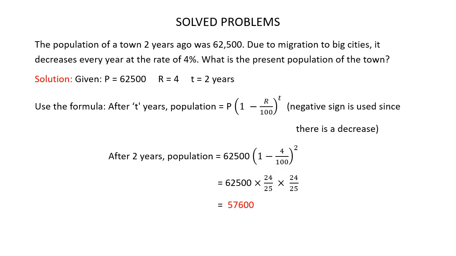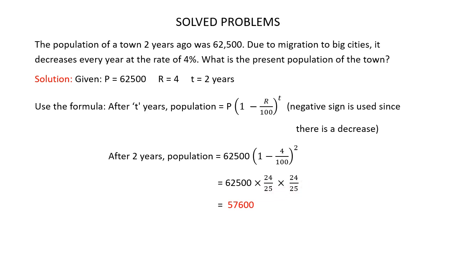Now here the LCM is 100. So 1 minus 4 upon 100 is 24 upon 25. So 24 upon 25 the whole squared. So after 2 years the population is equal to 62,500 multiplied by 24 upon 25 multiplied by 24 upon 25.